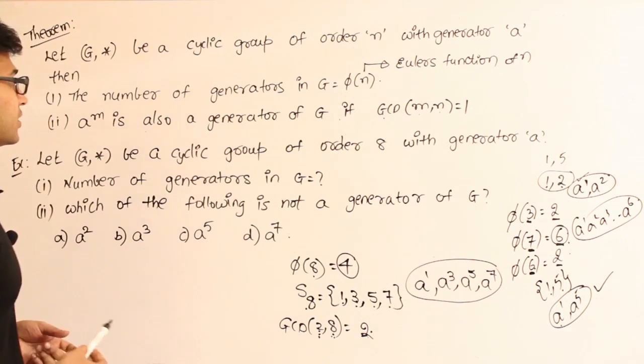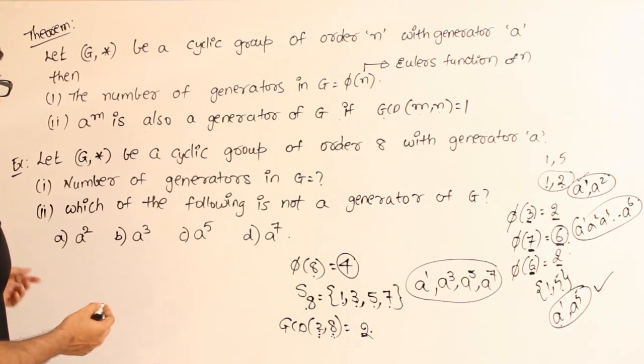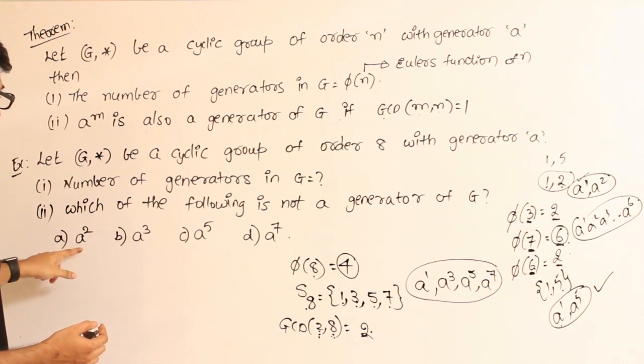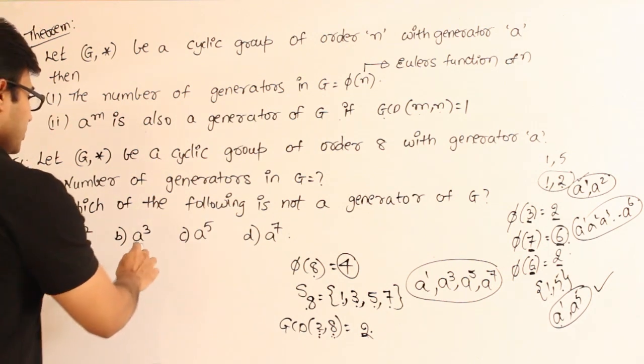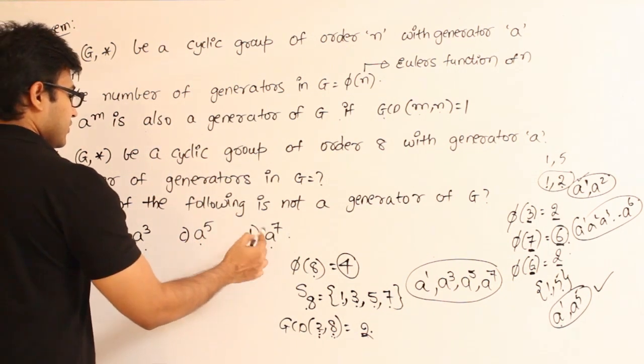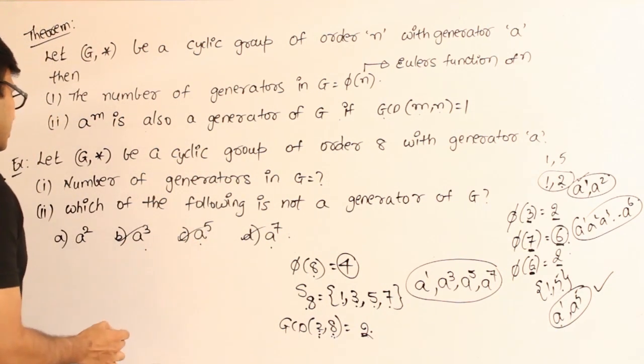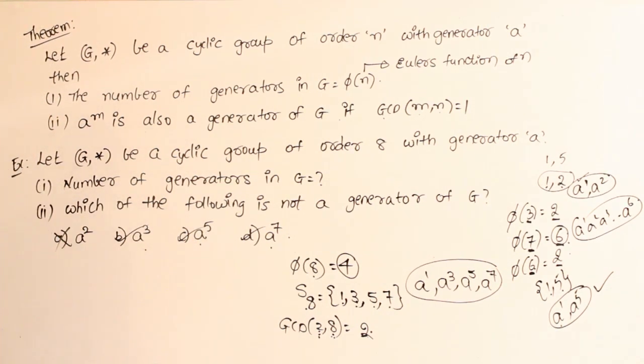But then here if you look at it, you have a^2, a^3, a^5, a^7. a^7 is a generator, a^5 is a generator, a^3 is a generator, but a^2 is not a generator. Got it?